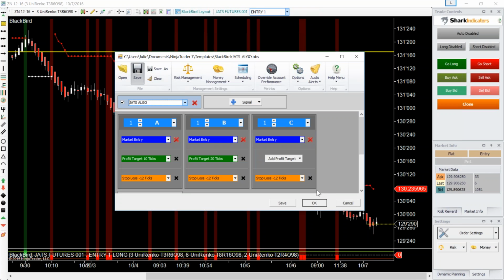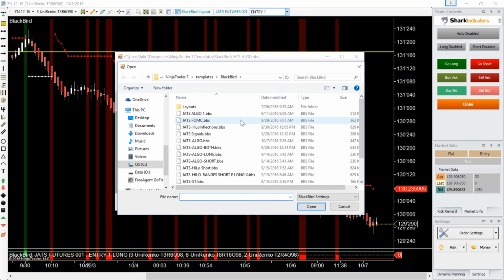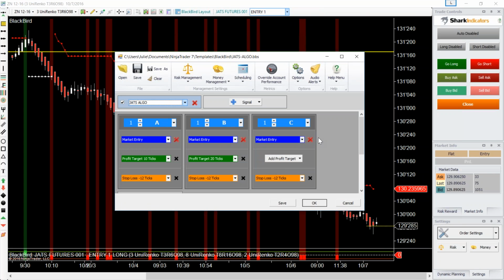Each time you open a template in Blackbird, you can use the same template. You can save other templates that you use, other algorithms that you're testing, so that you don't have to reset your parameters each time. And these order components are so sophisticated.